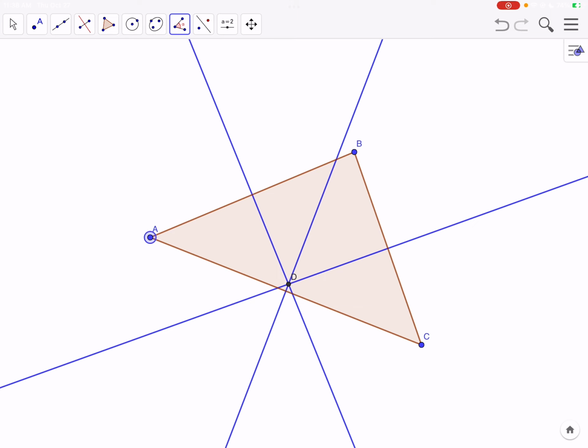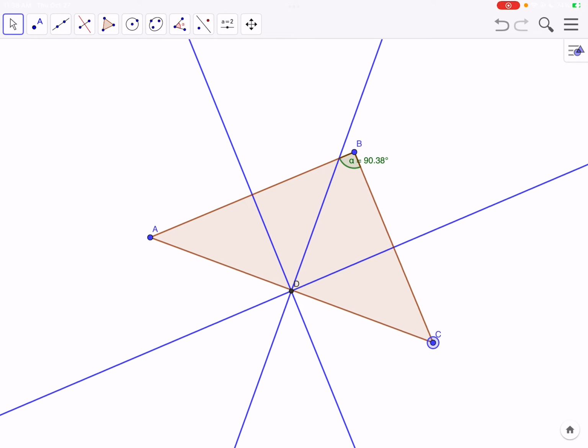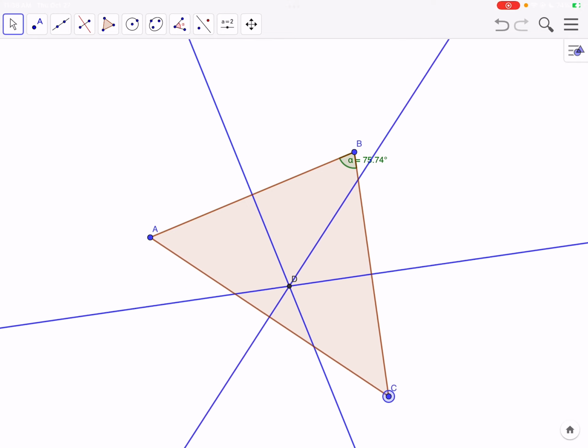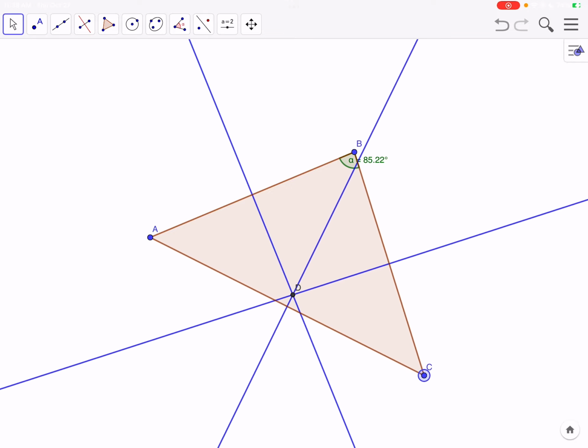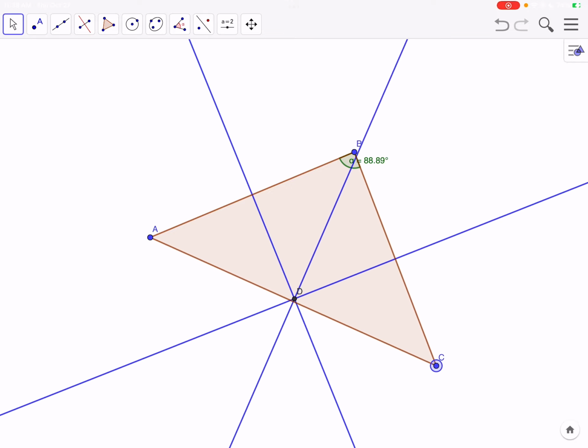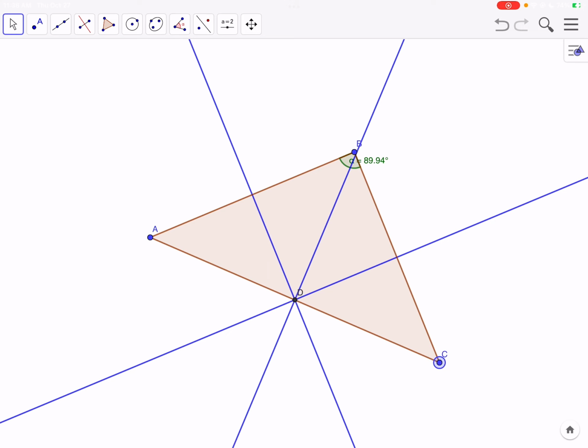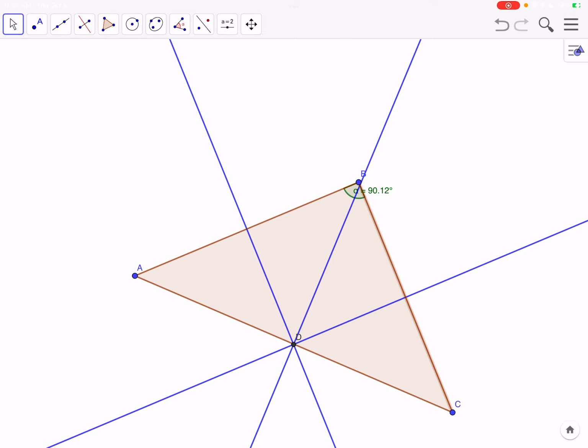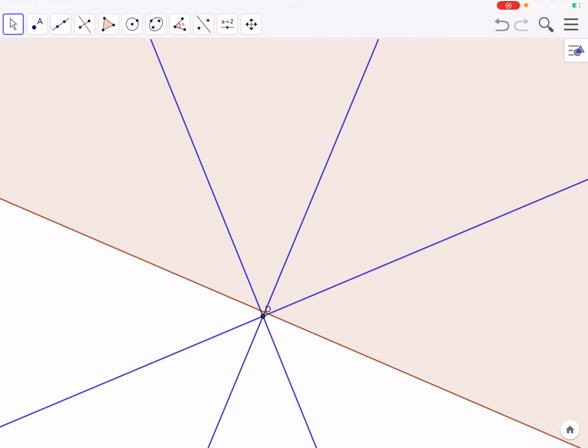If I were to measure this angle, it's 87 degrees and it's inside. Watch point D. Are you watching? It's in, on. It's on. What kind of angle do we have? It's a right angle. Now, it's not perfect. If I zoom in, is it going to be a little bit off?